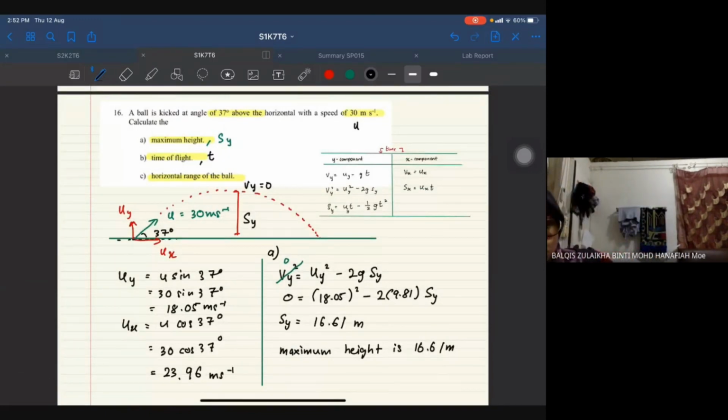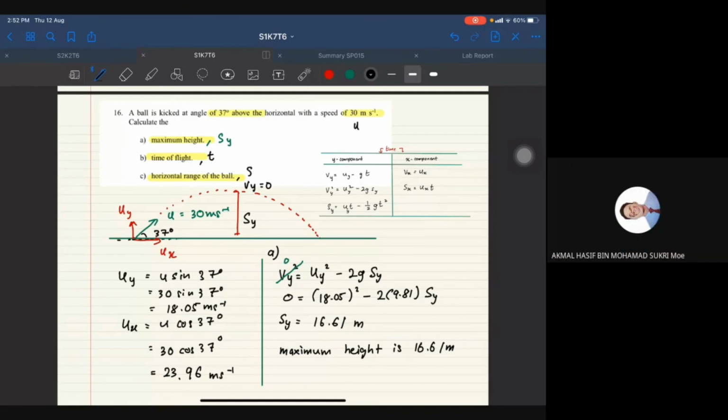So the last question sebenarnya apa? Simbol apa ni? S. Apa kalau nak specific? Range S apa? Yes, SX. So SY ke atas, SX dia punya range. So this is your SX. Okay.